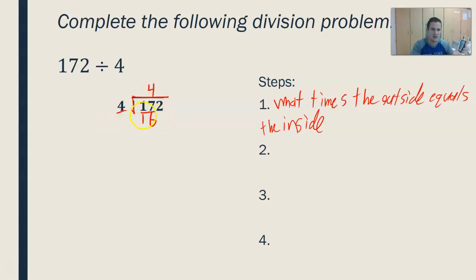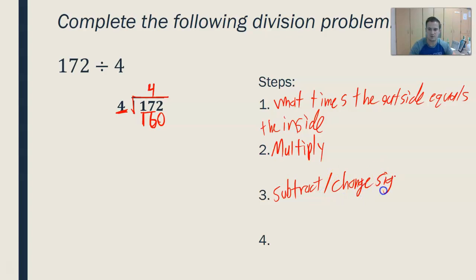4 times 4 is 16. And I'm going to go ahead and drop a 0 down here. So 4 times 4 is 16, I drop my 0. So that's my second step. I multiply this number that I got on top by this number on the outside, and I write it under here. 4 times 4 is 16. My next step is I'm going to subtract, or change the sign.